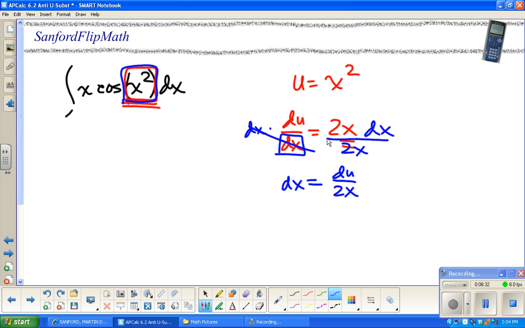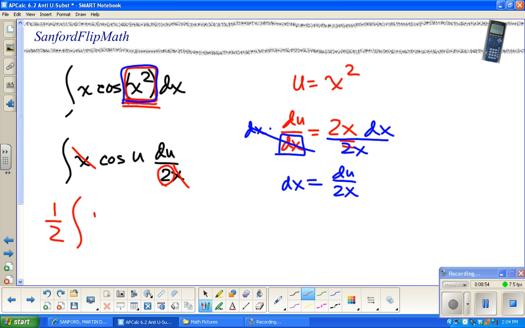So going back to my original problem, I'm going to say antiderivative of x cosine of u, and instead of writing dx, I'm going to write du over 2x. So this x and this x divide out. I'm going to treat this 2 on the bottom like a 1/2 out in front, and this becomes cosine of u du.